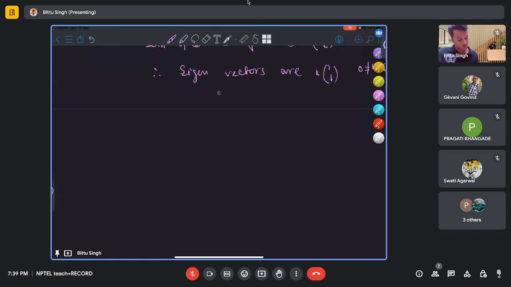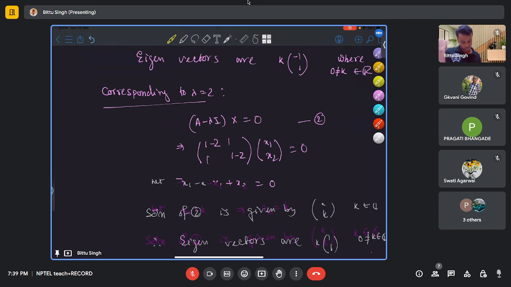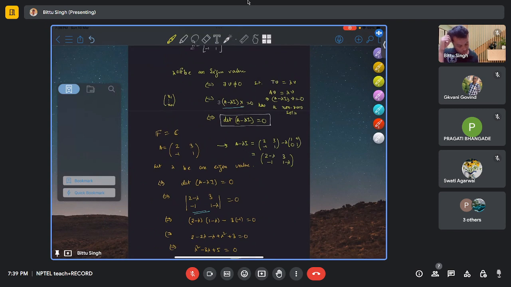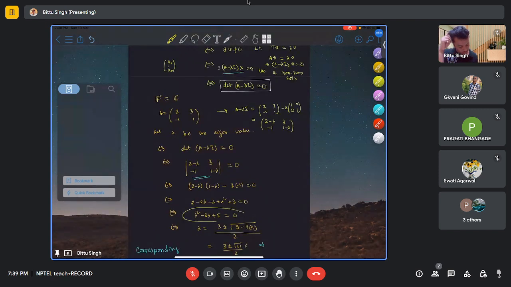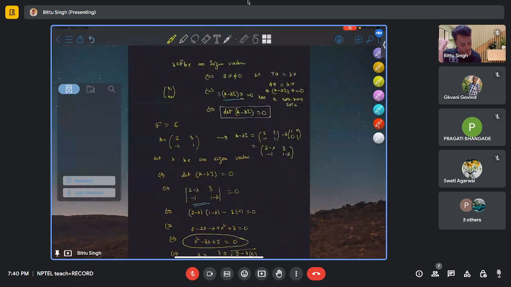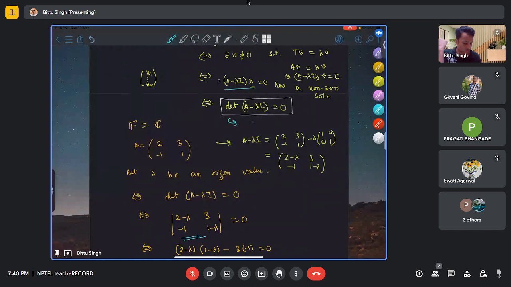We have used this polynomial for finding the eigenvalues. We are using this type of equation, and those equations are called the characteristic equation.